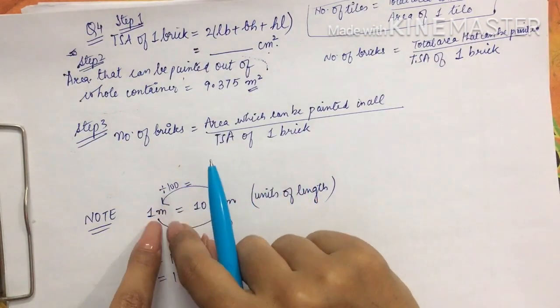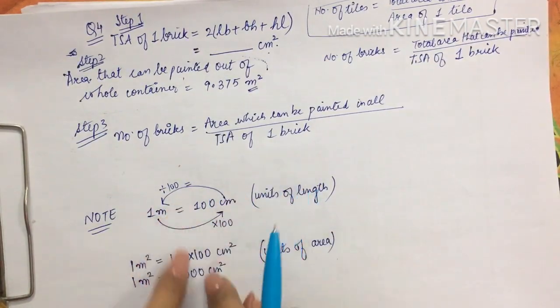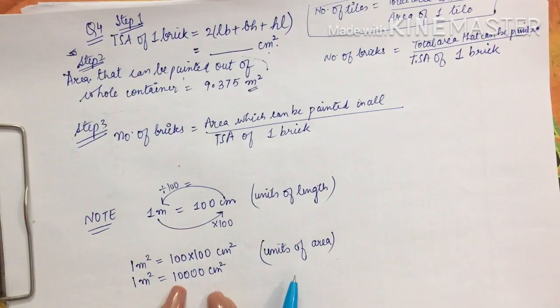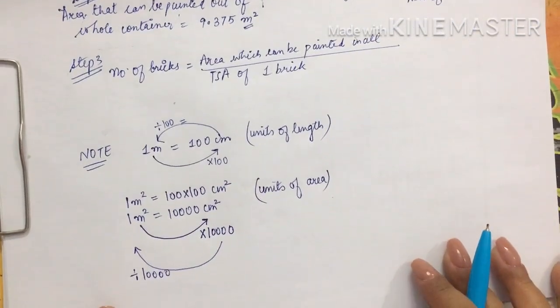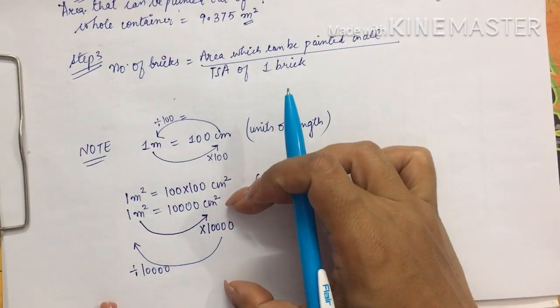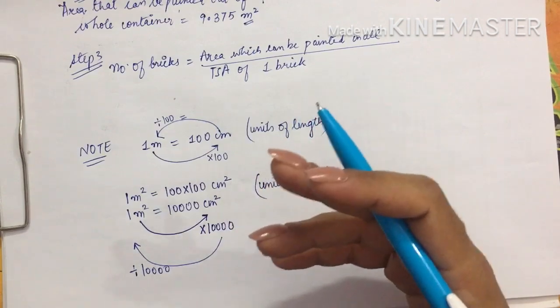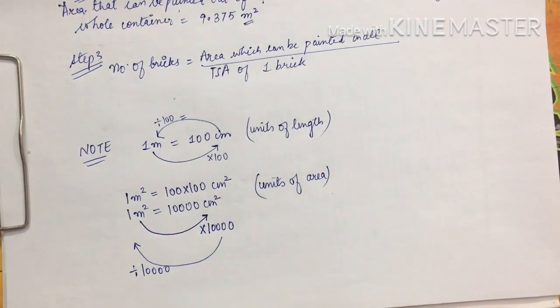So 1 meter square equals 10,000 centimeter square. So if you want to convert a meter square to centimeter square, you will multiply with 10,000, and if you want to convert centimeter square into meter square, then you would divide by 10,000. So you could either use this. Whichever way suits you, you can find the answer accordingly.